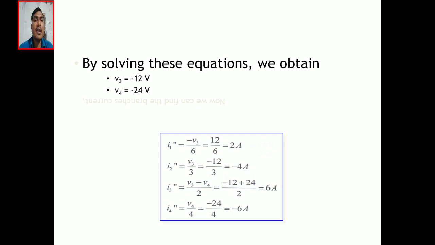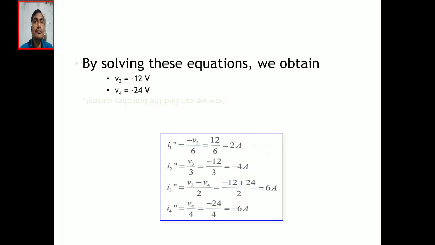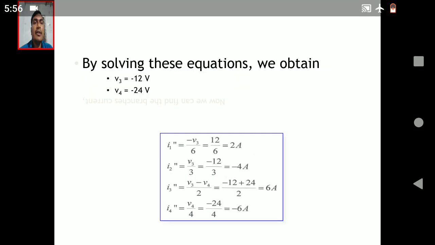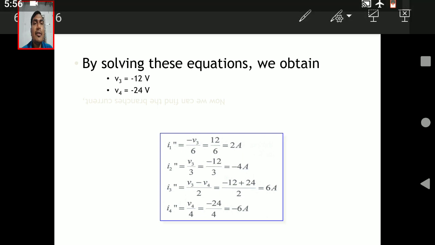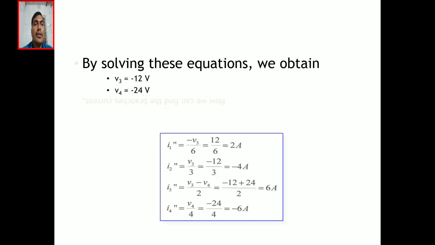That is I1 double dash equals minus V3 by 6 from this equation. I1 means the 6 ohms, I3 means the 3 ohms, and I2 means the 2 ohms. Like that we can find the currents through each element by using the sources.